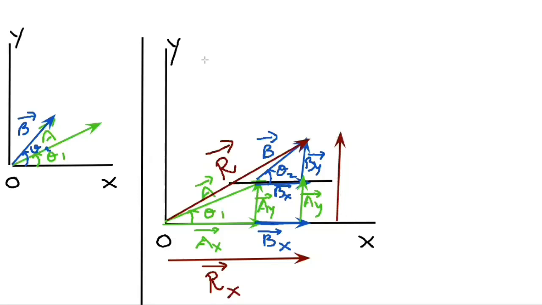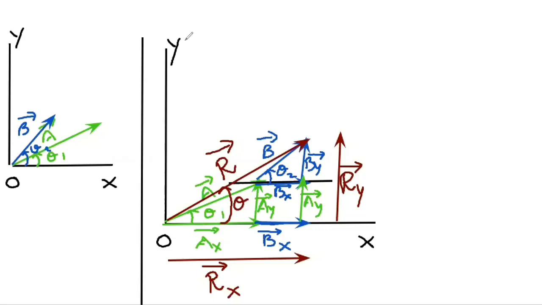What is this? This is y component of vector R. Just as vector A and vector B are making angles theta 1 and theta 2 respectively with x-axis, so vector R is also making an angle theta with respect to x-axis.